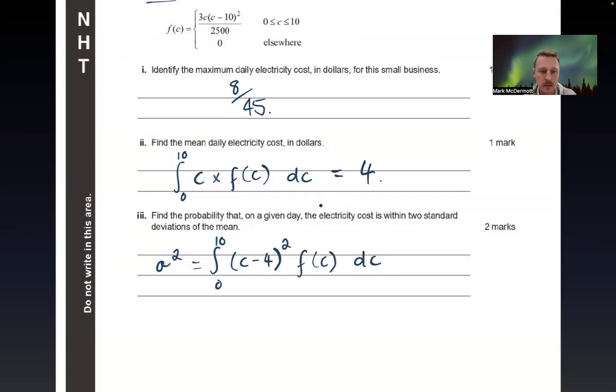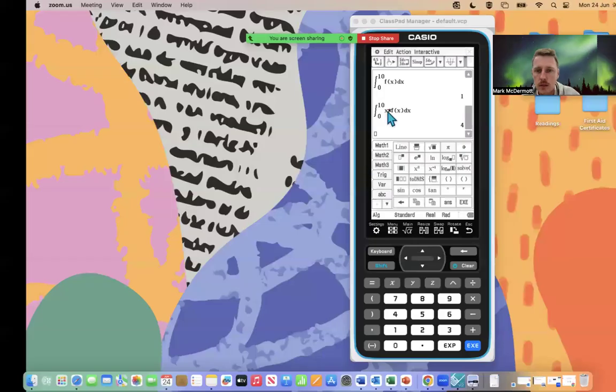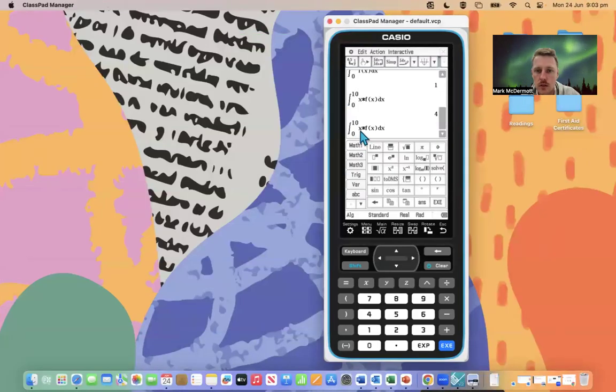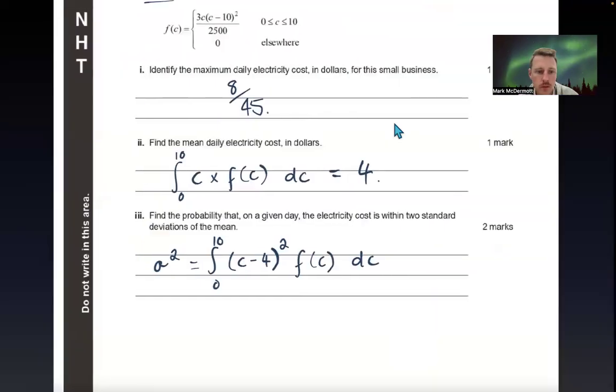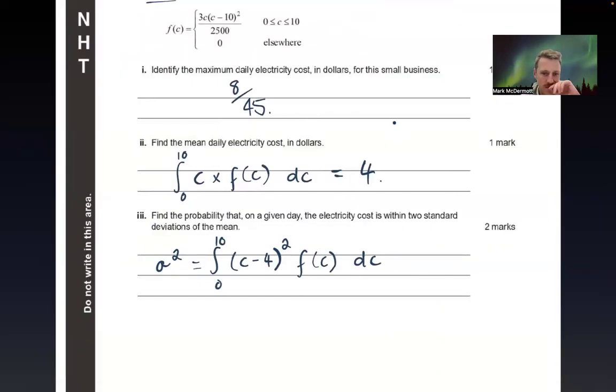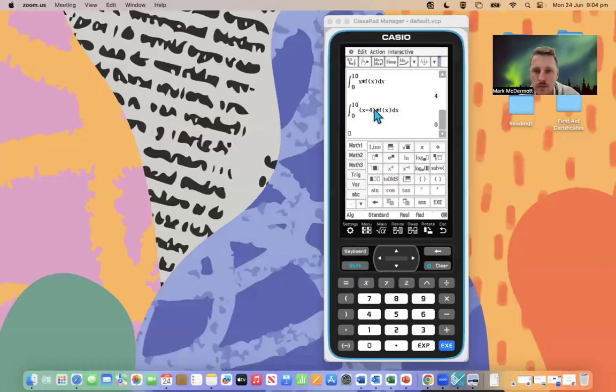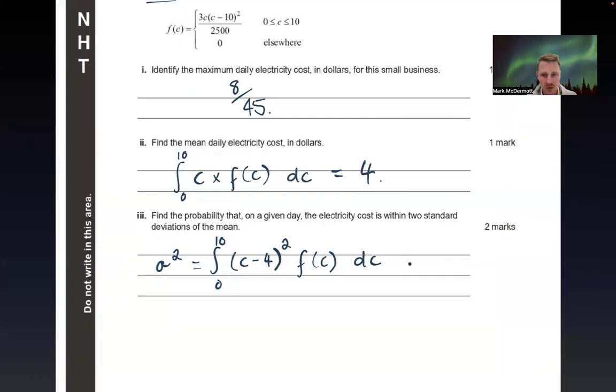It's very similar to this: x minus 4 squared. The answer to that is also 4. So that's the variance, and the standard deviation must be the square root of 4, which is 2.